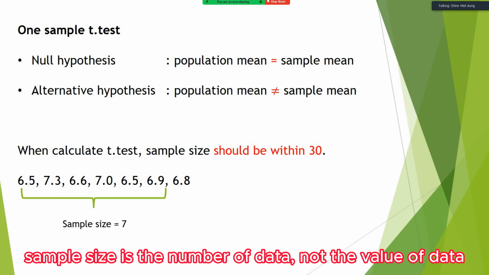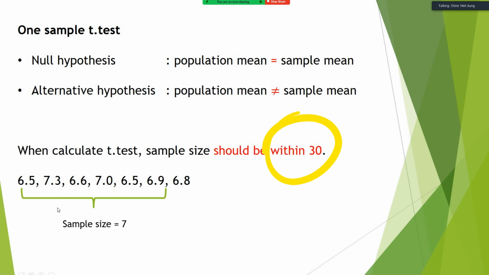So the important thing is that the sample size should be lower than 30. Here, the sample size is only 7: 1, 2, 3, 4, 5, 6, 7. So it's possible to calculate the one sample t-test.